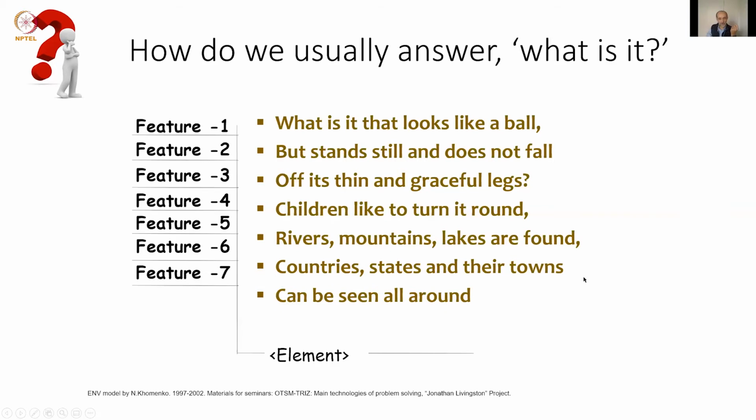Yeah, you see, how do we discover it little by little? In order to understand what it is, we name it an element, because this element can be not only a physical one, but also a concept, a non-material one. We always describe it through its features, and gradually we add feature 1, feature 2, feature 3, until we envelop our element and define it through its features.